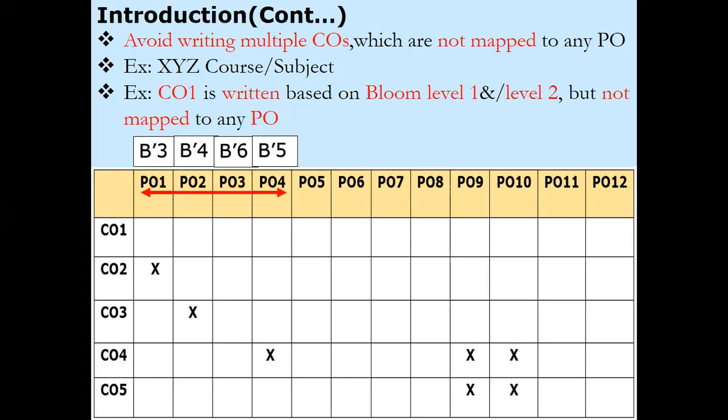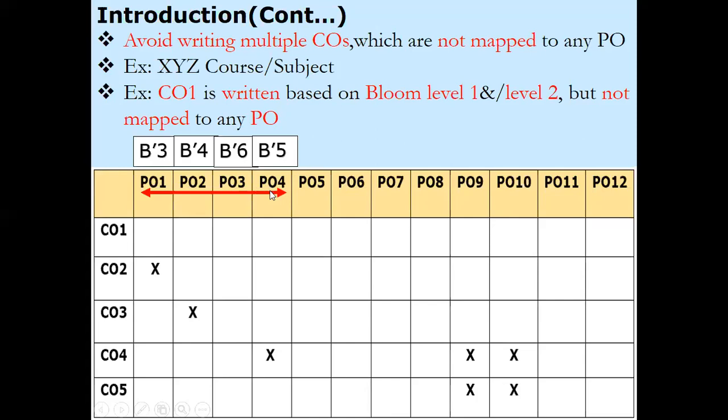Here, Bloom's level 3, level 4, level 6, and level 5 are mapped to PO1, PO2, PO3, PO4 respectively. Here we have to do one-to-one mapping, in the sense that one CO is mapped with one PO. So for example, CO2 is mapped with PO1, CO3 is mapped with PO2, and CO4 is mapped with PO4.